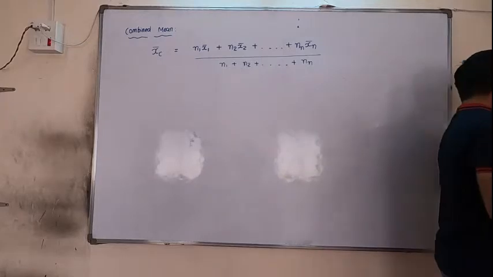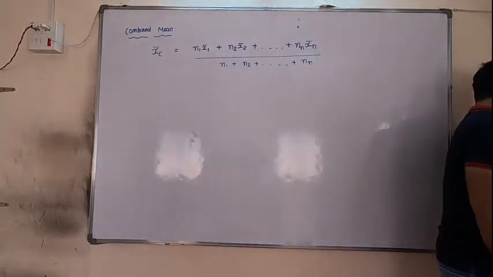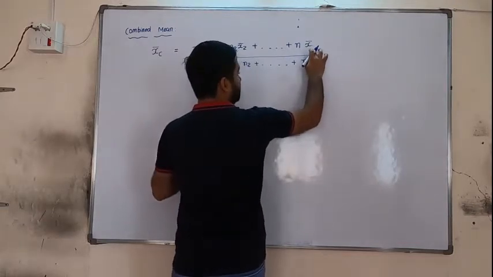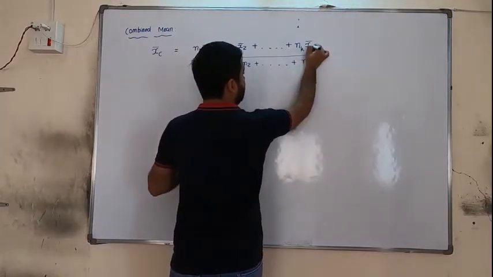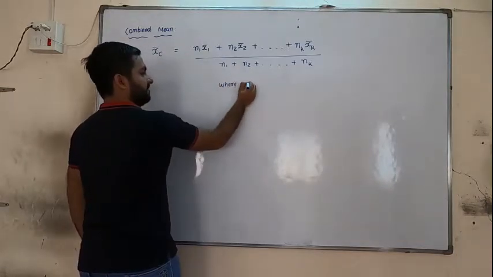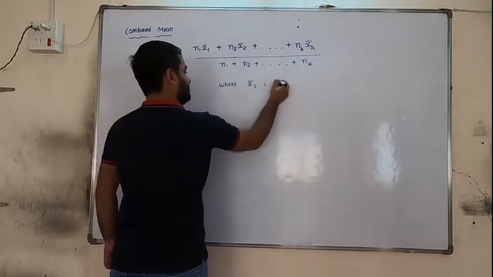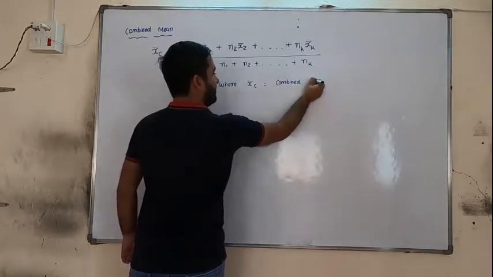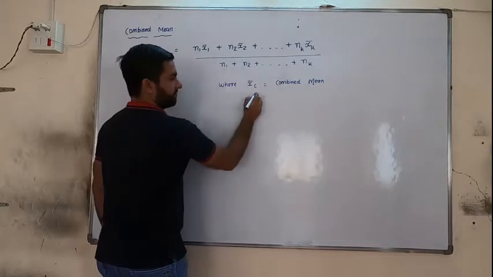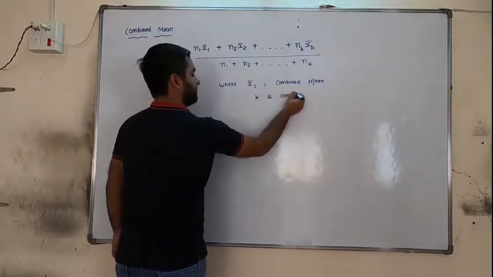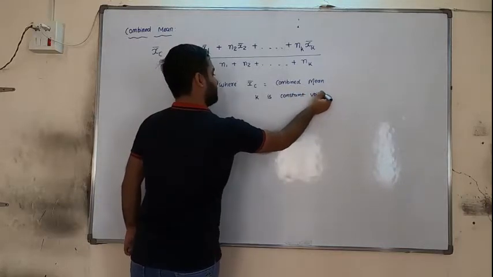So this is the formula for combined mean. In the book they are using the letter k instead of n. We are using the letter k, where x bar c is the combined mean, k is a constant value.